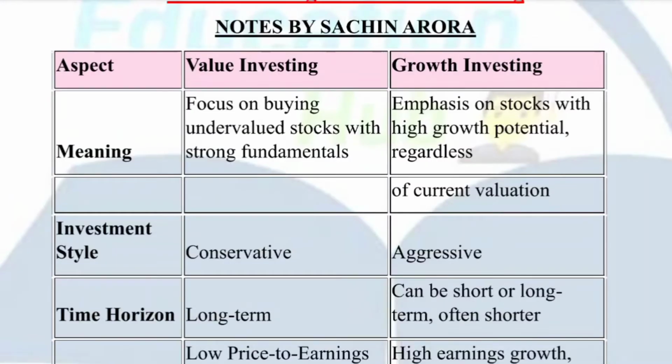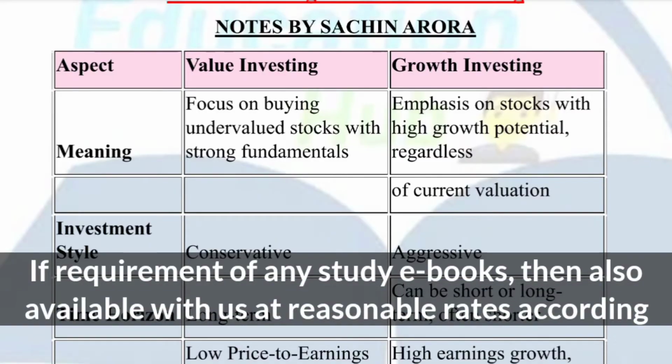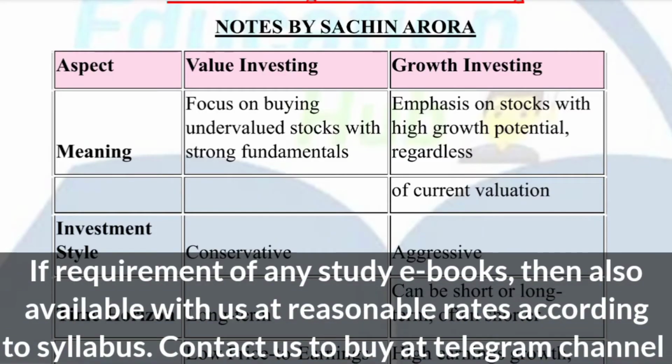After that, the next difference is on the basis of investment style. I already covered that point. When I started the topic, I already told you one approach is aggressive and the other one is conservative. So which is conservative and which is aggressive? Obviously, the one in which we are paying a premium for the purpose of growth is the aggressive approach.